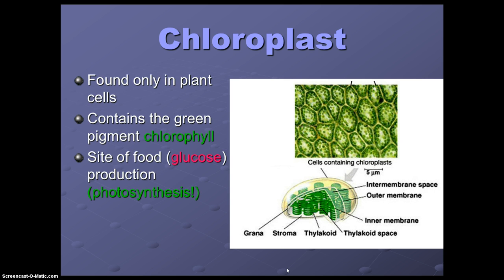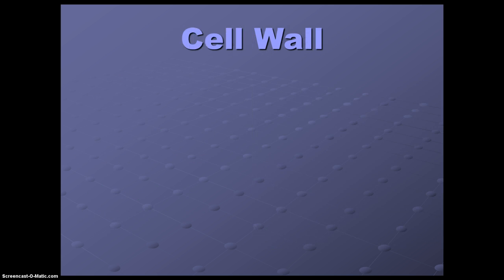So only cells that are autotrophs are going to have chloroplasts. They could be plants, and they could be algae. They also have a membrane. So hopefully you're noticing that all of these organelles have a double membrane, or at least one membrane.